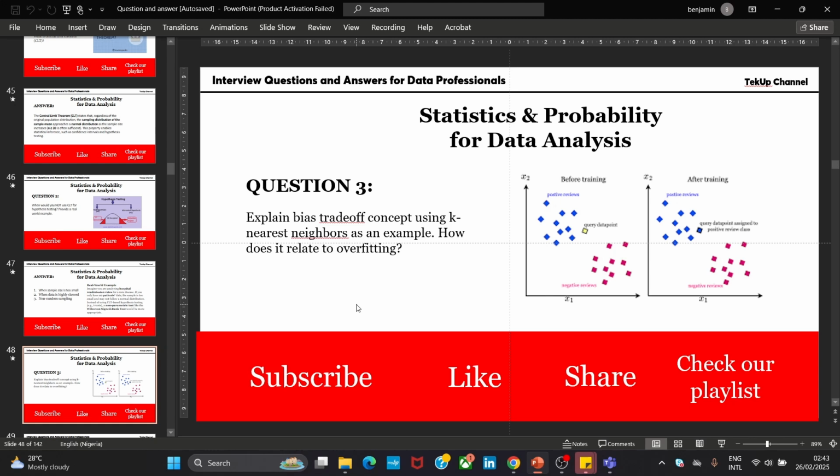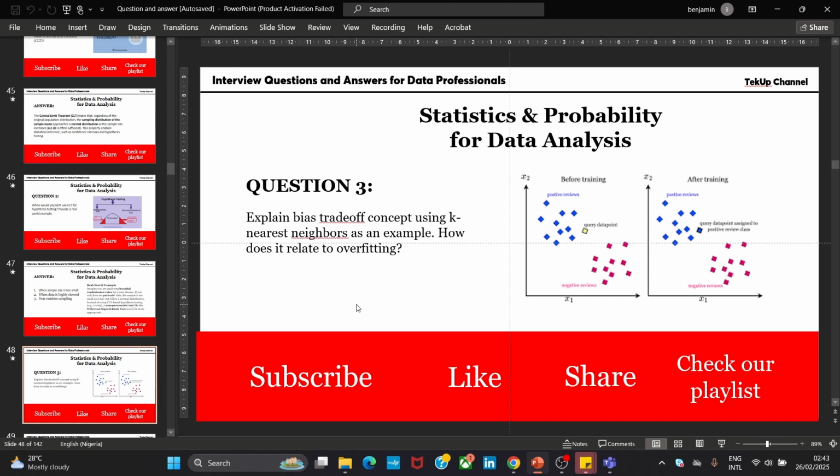Now, how does this relate to overfitting? When a model learns its training data too well, including noise, it harms the performance on new data.